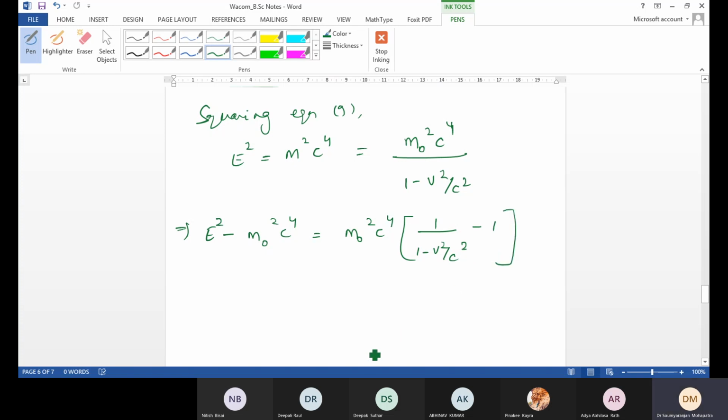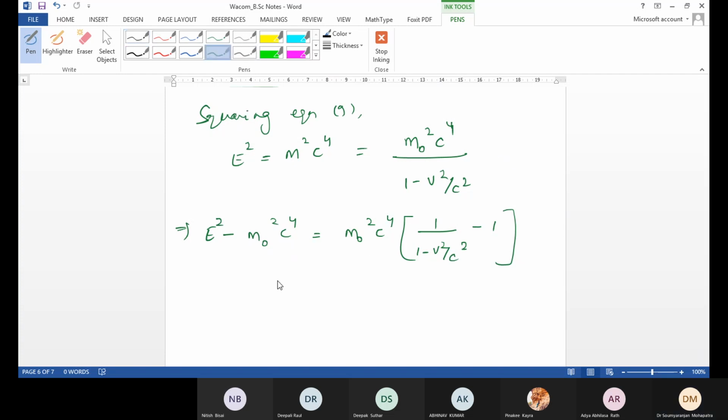Is it correct? Simple mathematics. What I have done is subtract this factor from both sides. Look here: from the above expression, from LHS, I have subtracted m naught square c4. Similarly, from RHS, I have subtracted m naught square c4. Okay?